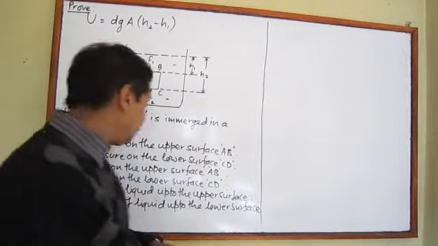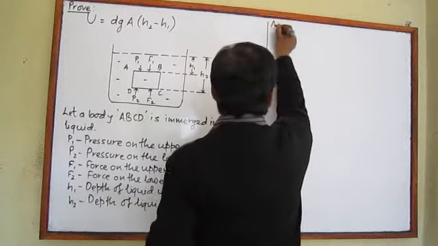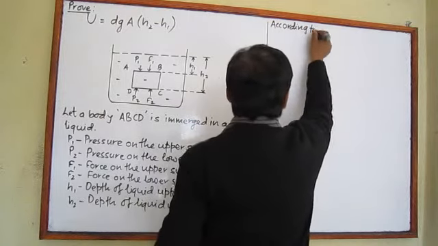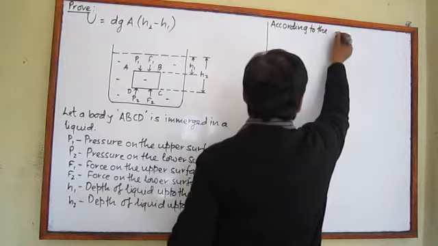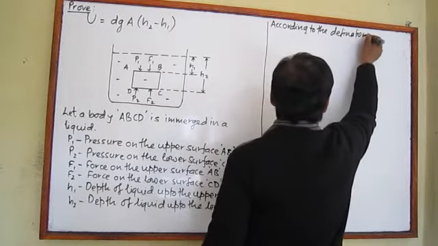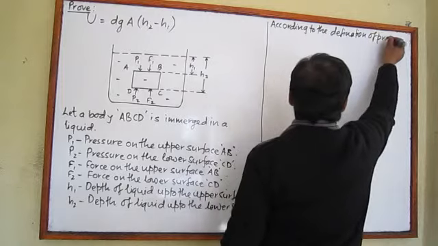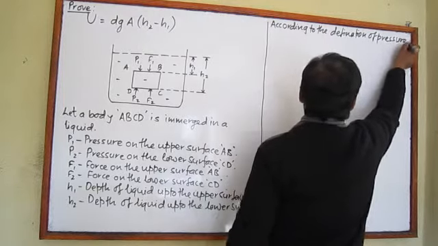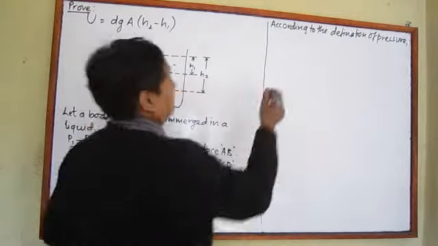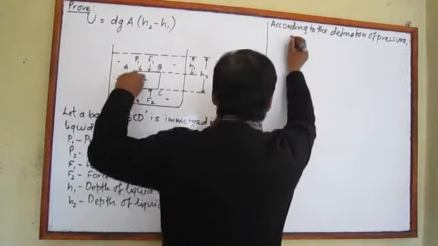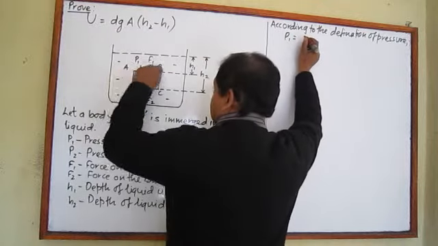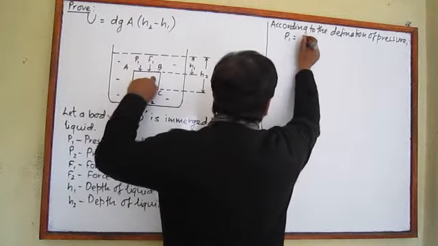Now, according to the definition of pressure, in this case pressure P1 is equal to the force on the surface, this surface is what?